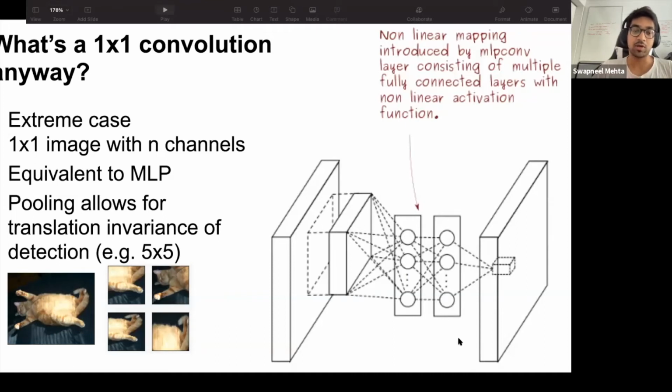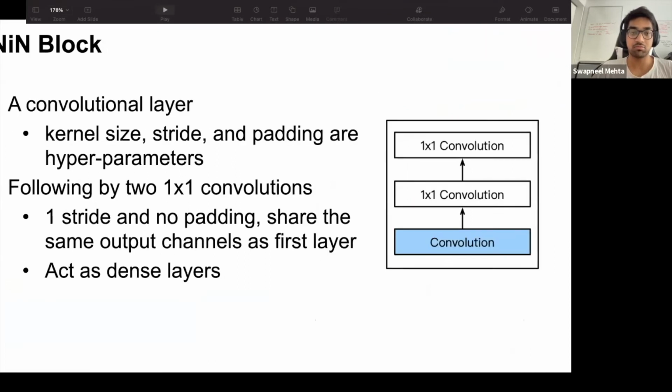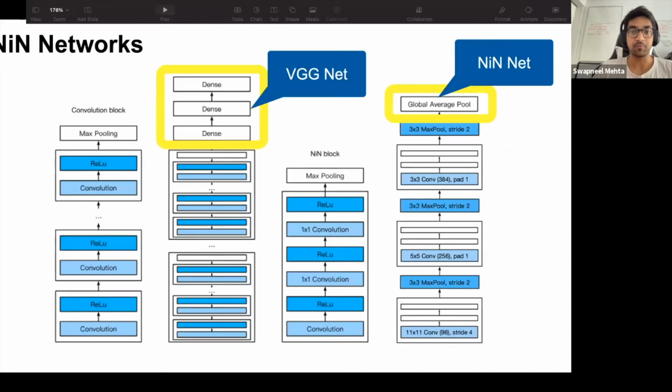So yeah, that's what this is saying. Essentially, your 1x1 convolutions are used to create a network in network block. You still have your hyperparameters, you still have some weights you learn for the kernel, but it shares the same number of output channels as a layer and essentially acts as a dense layer. So instead of these three dense layers that you need to dump on top of this VGG architecture, now with the network in network block, you just need a global average pooling.